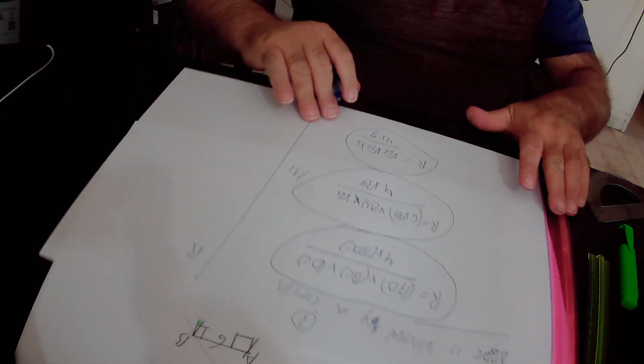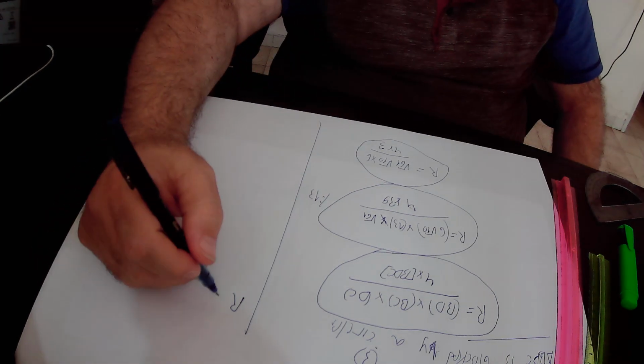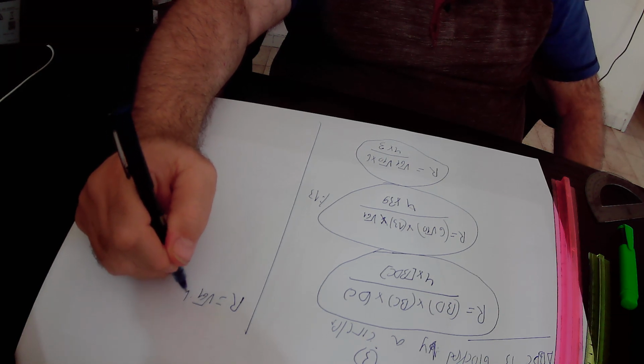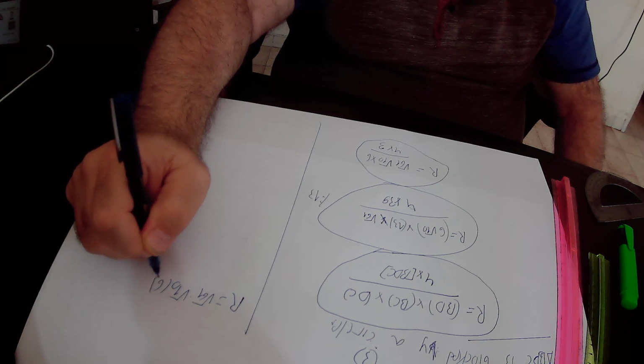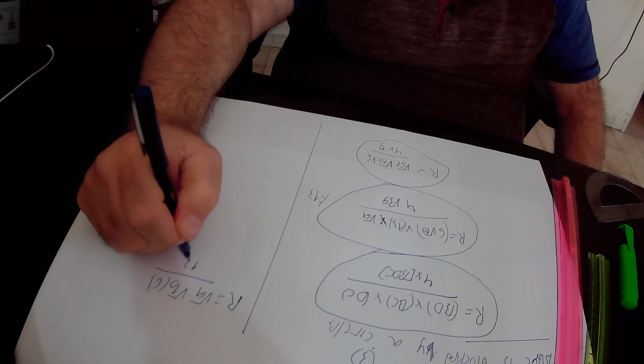So the radius of this circle, capital R, equals the square root of 61 times the square root of 10 times 6 over 4 times 3 is 12.